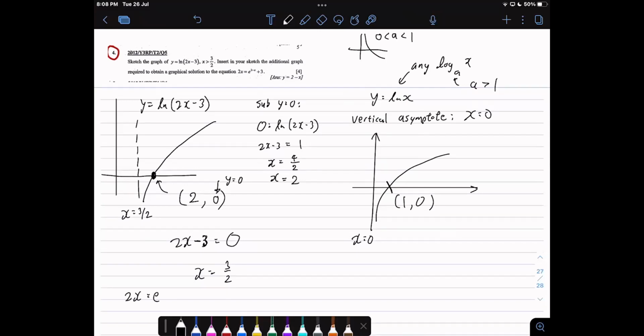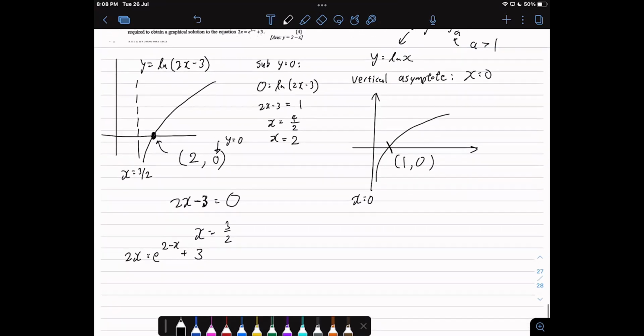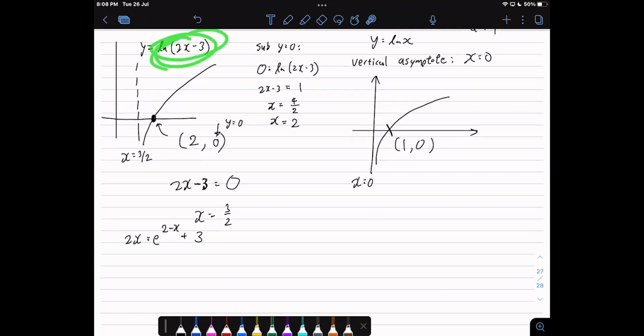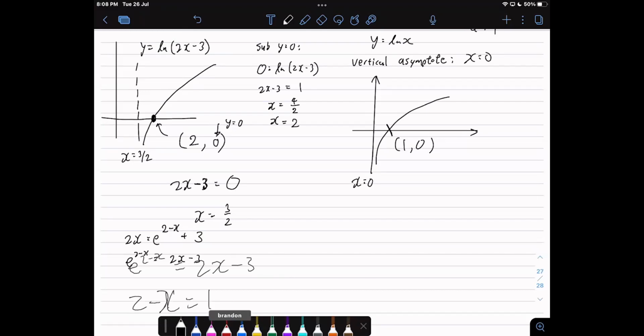Then they tell you that you want to use this to help you to solve the equation 2x equals e to the power of 2 minus x plus 3. Okay, what do we have so far? We have ln(2x minus 3). Do you see a 2x? Do you see a 3? So 2x minus 3.